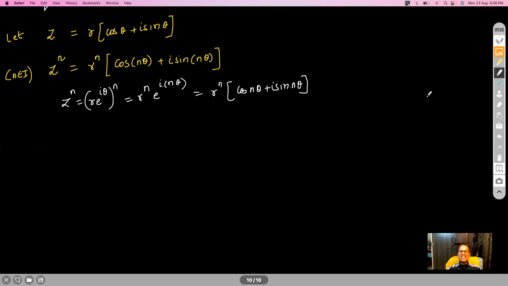Okay. Now see, this is very important and some important pointers are to be noted. De Moivre's theorem cannot be applied to such cases where, number one, your complex number is written like this.